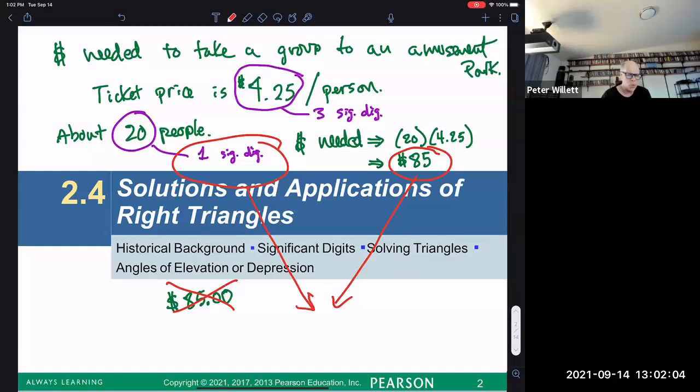So since I only had 1 significant digit in my number of people approximation, I want to round off my answer to the very first significant digit. So if I take $85 and just round it off to the first digit, 1 digit, then this would give me approximately $90.